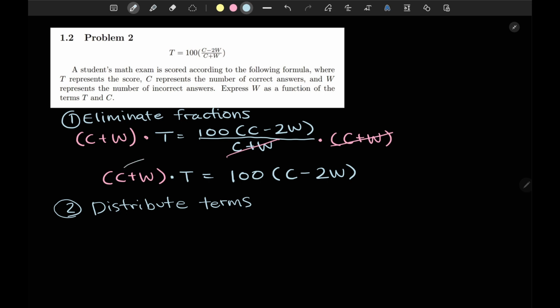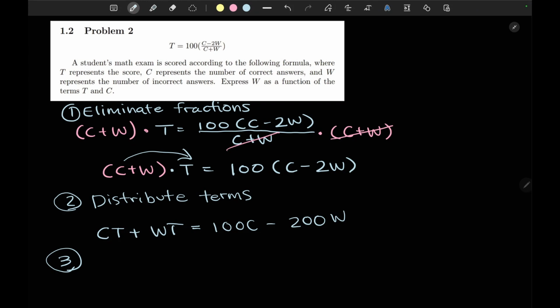So starting off, c distributes to t, giving us ct. w distributes to t, giving us wt. And on the right-hand side, we have 100 distributing to c, 100c, and minus 2w distributing to give us minus 200w.